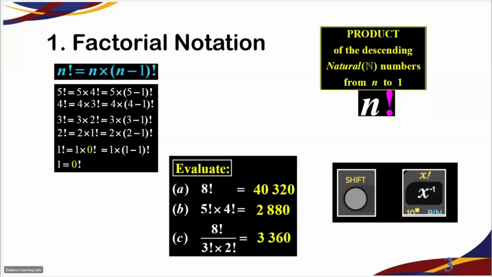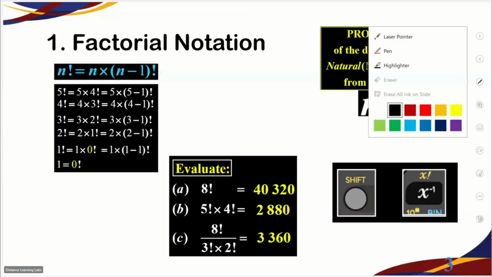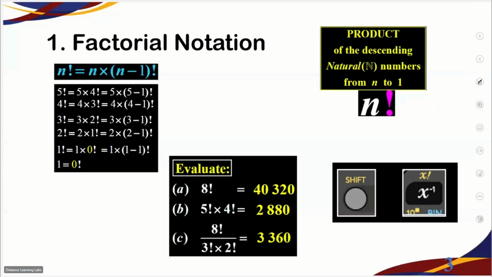For it to be referred to as a factorial, it has to be the product of those descending natural numbers, and they have to start from n up until they get to positive 1. In that case, we refer to that as our factorial.